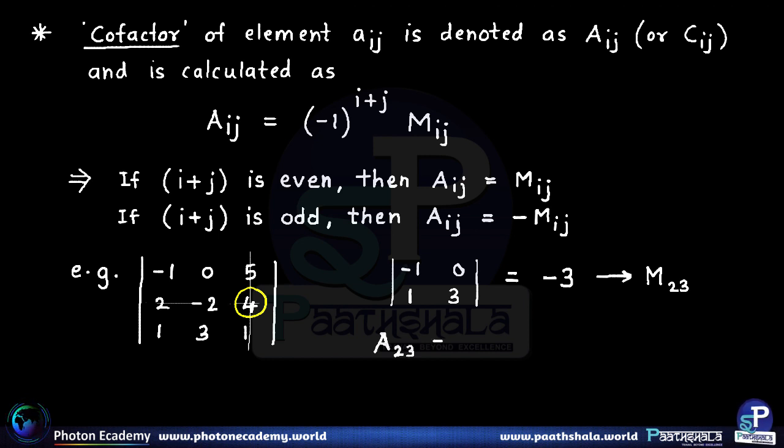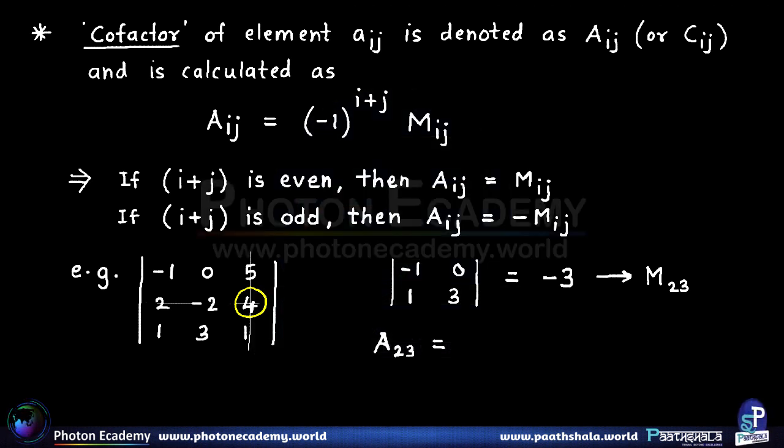Since i plus j is odd, the cofactor will be the negative of the minor, and since the minor is -3, the cofactor will be equal to 3. So that is how we calculate the cofactor of any element of a determinant.